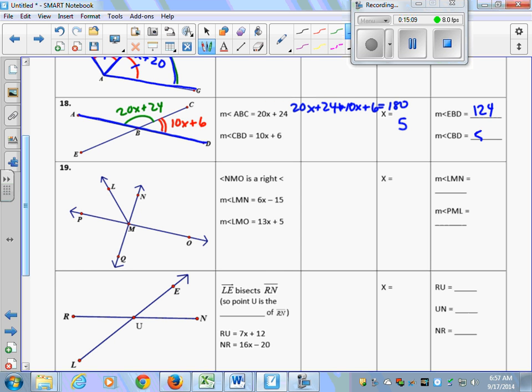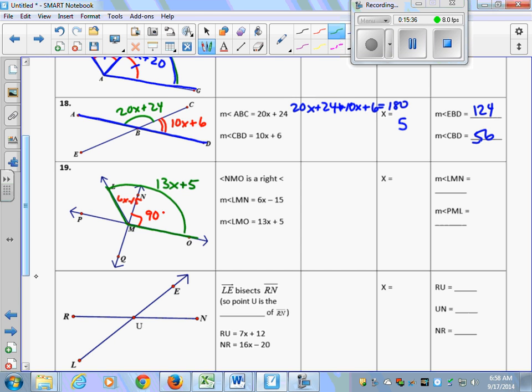Okay, the next one, number 19, angle NMO is a right angle. That makes it 90 degrees. LMN, label carefully, this is 6x minus 15. And LMO is the big angle. LMO, this whole thing, is 13x plus 5.